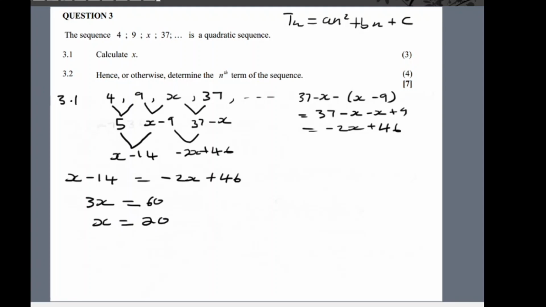So that is question 3.1: x is equal to 20. And then we move on to question 3.2.